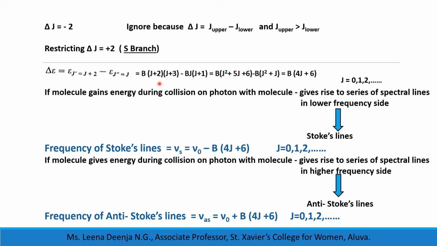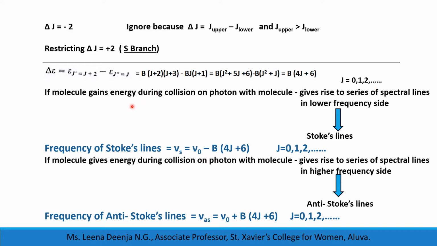Expanding this, it is equal to B into (J square plus 5J plus 6) minus B into (J square plus J). The J square term cancels. Now it is B into 5J minus BJ, that is B into 4J, then plus 6. So we have B into (4J plus 6), where J equal to 0, 1, 2, 3, etc.